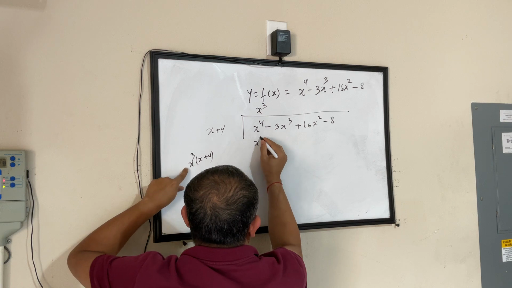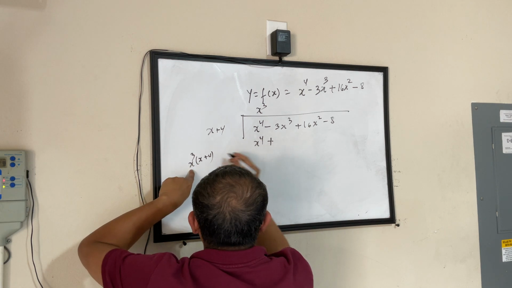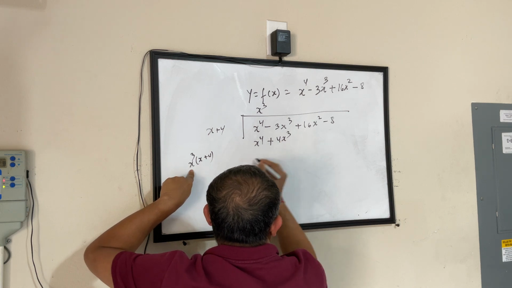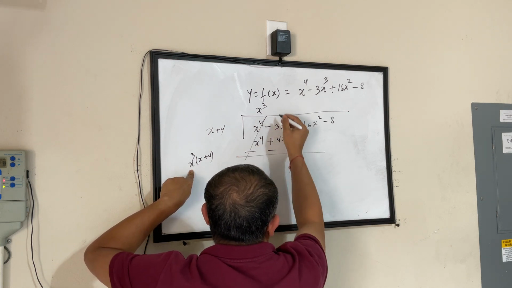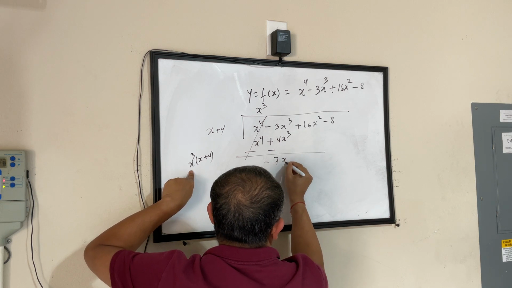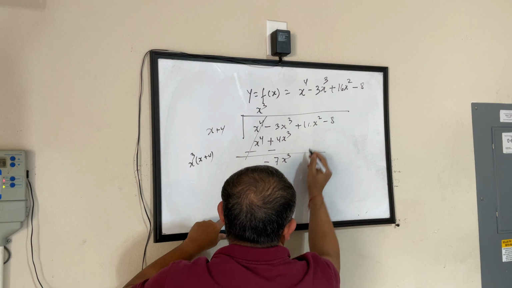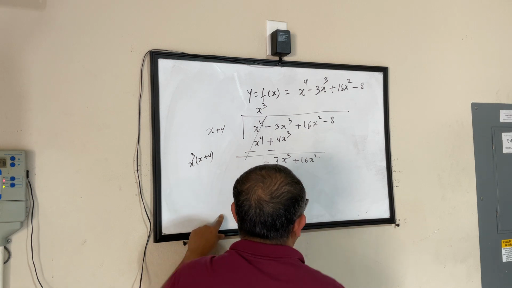And see, this becomes x to the 4 plus 4x cubed. Minus, these two knocked off. This becomes minus 4 plus 3, minus 7x cubed. Now this guy comes down, plus 16x squared comes down.